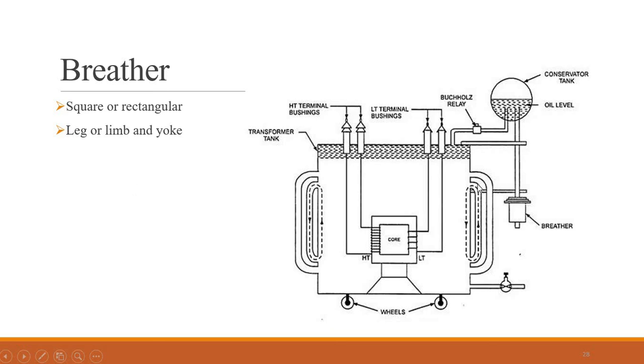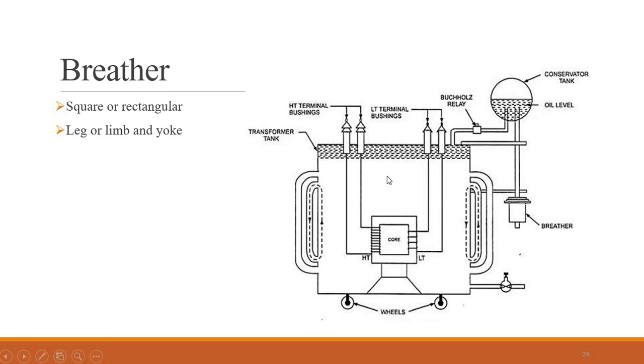Then the breather, this is the breather connected over here. It has the function to transfer the air from this conservator tank to the outer atmosphere. So whatever air is there will be transferred to the outer atmosphere.